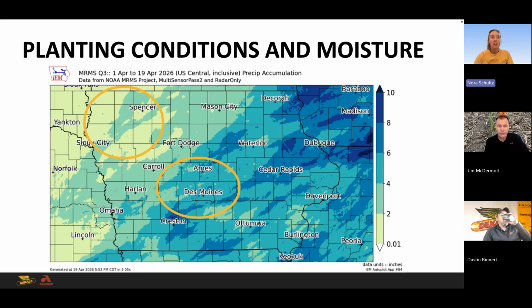We can see that in Wisconsin, I'm happy we're not these guys. There are places that have gotten 10 inches of rain in the month of April, radar indicated. But even when we're dealing with 6 to 8 inches of rain in some of these eastern locations, that's a lot. That soil takes a while to drain, to dry out.